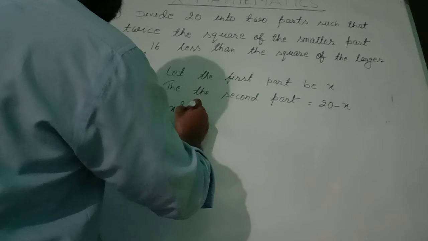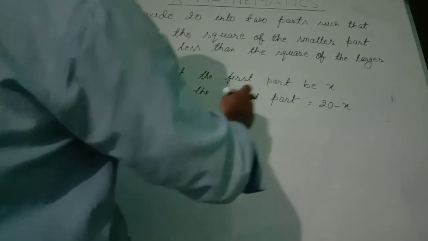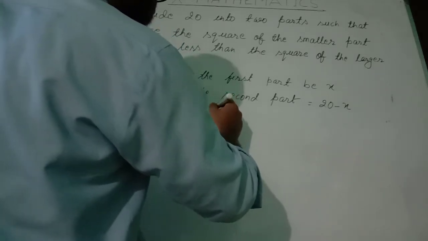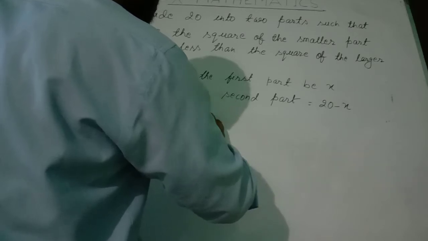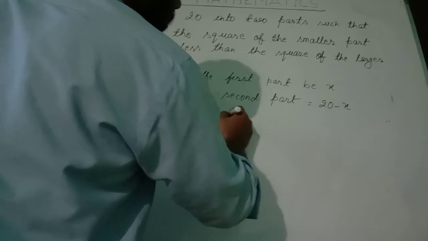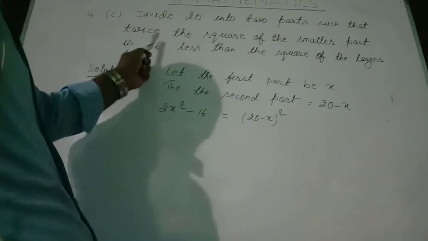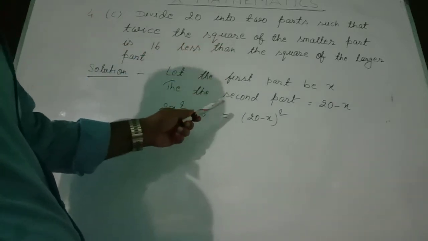This is 16 less than the square of the larger part. As given in the question, twice the square of the smaller part.